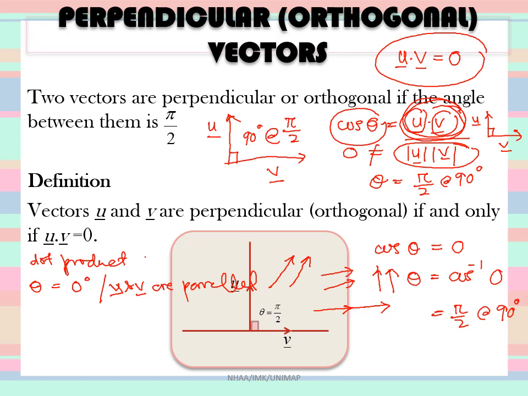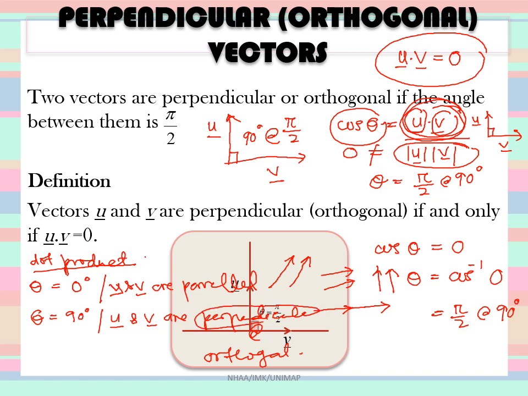When you apply dot product and you get theta equal to 90 degrees, this means your vector u and vector v are perpendicular or orthogonal. When the vectors create 90 degrees, they are called perpendicular or orthogonal. When will you get 90 degrees? Whenever your dot product u dot v is equal to 0.